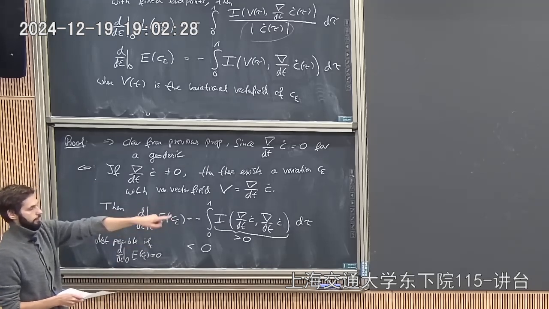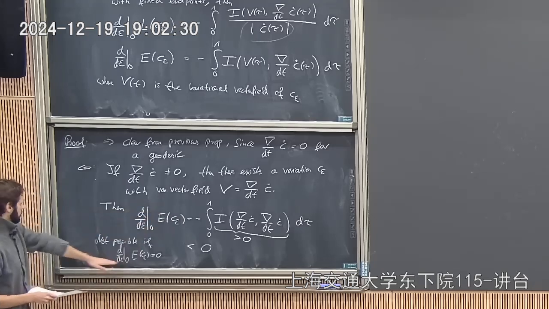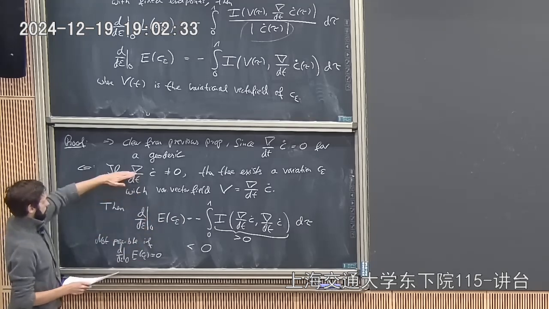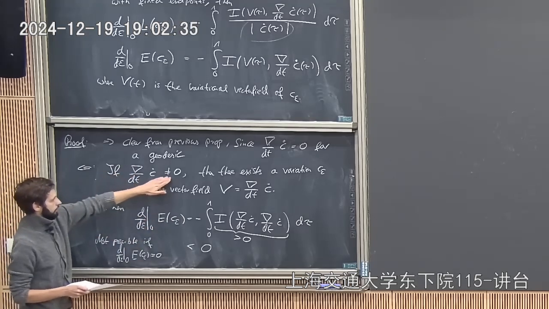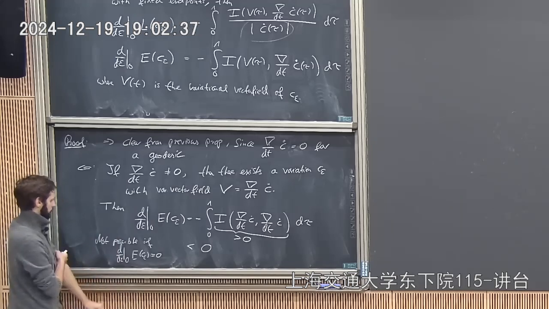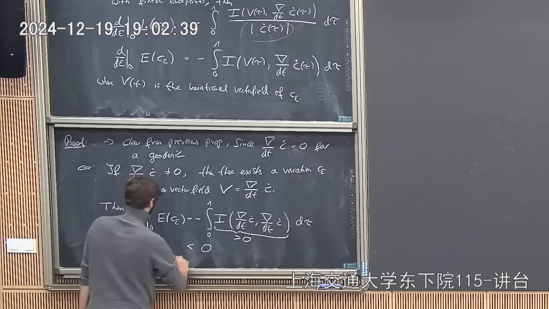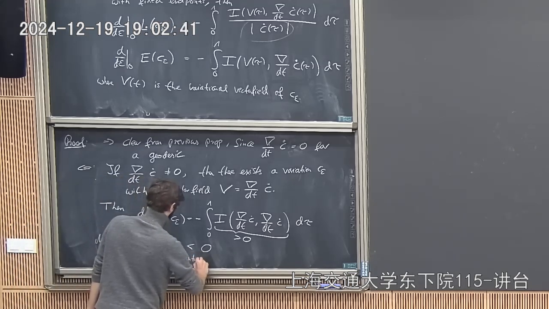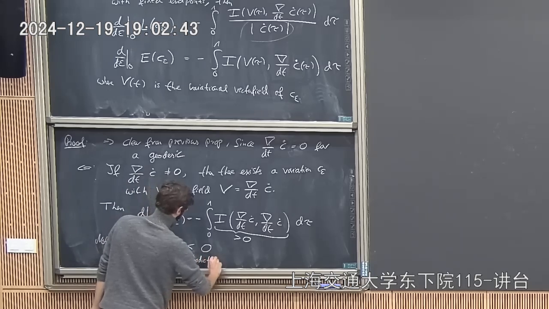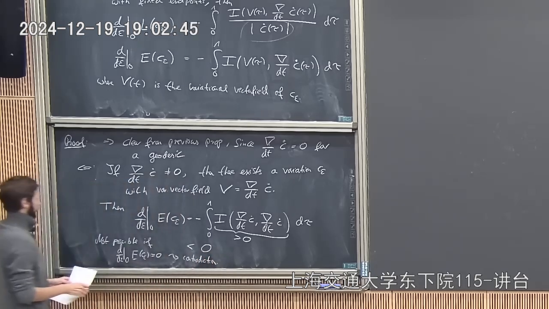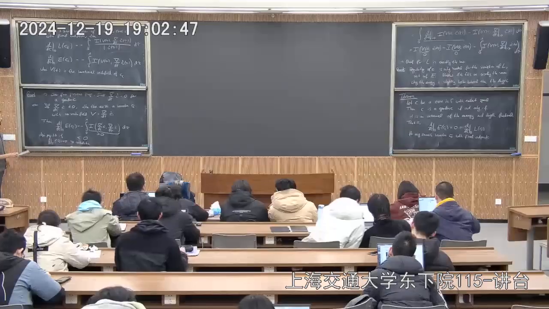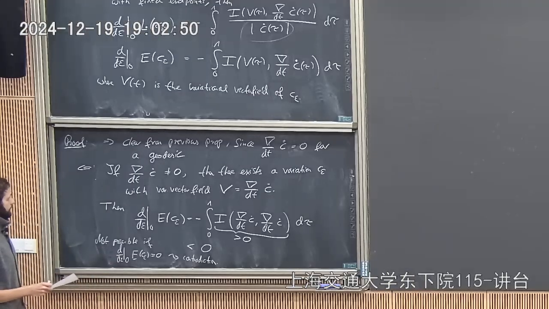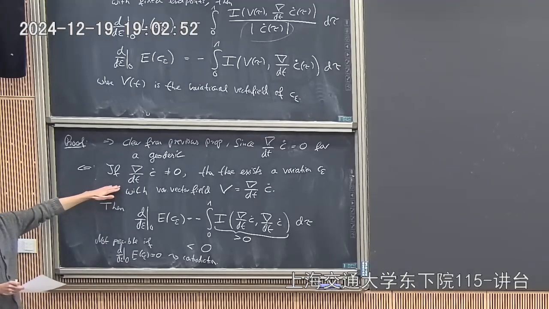We assume that we have an extremal point, so that would be 0 for all. Then we get that it automatically cannot have this condition. So contradiction. So that means that if we have an extremal point, then we also get a geodesic.